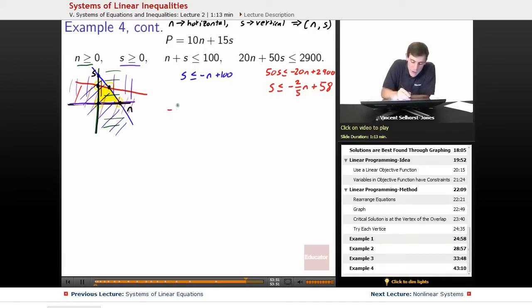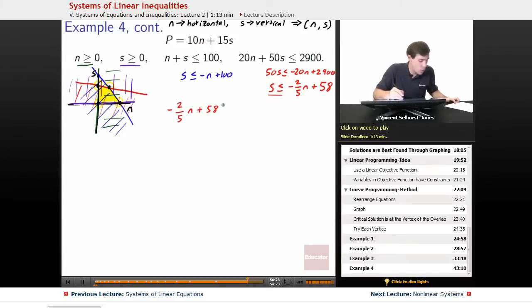So that is -2/5 N plus 58, and N greater than or equal to 0. That's a little bit difficult because we're set up for solving for S. So where is that going to intersect? At N greater than or equal to 0, we want to figure out what that comes out to be. So S is equal to -2/5 times 0 plus 58.